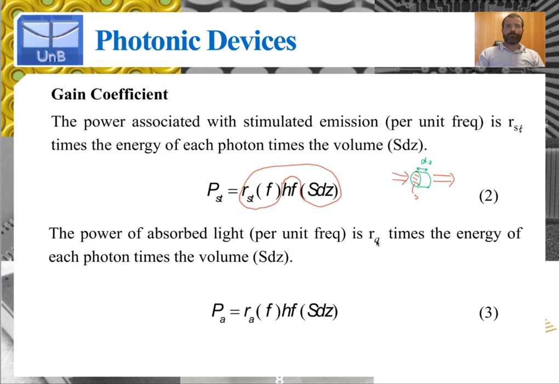If we multiply the rate of stimulated absorption, which is the number of absorbed photons per unit volume per unit time, by the volume in order to get the total number of photons absorbed inside the volume, and then multiply this by the energy of a single photon, we get the power that is absorbed, because we'll have the total energy divided by time, which is power, the rate of energy over time.